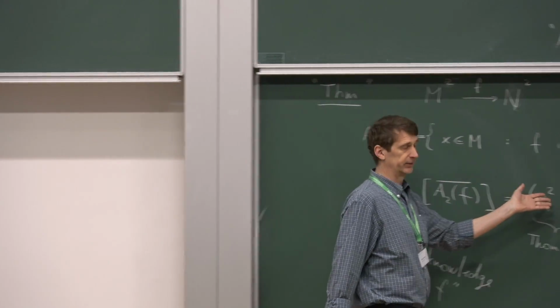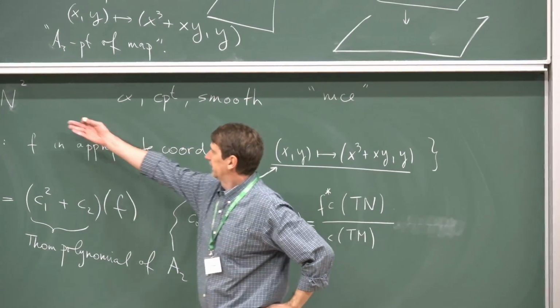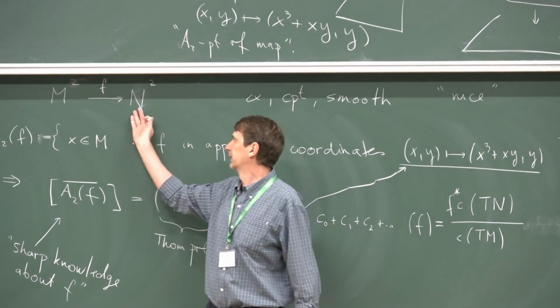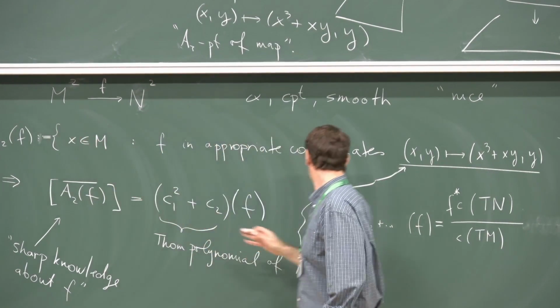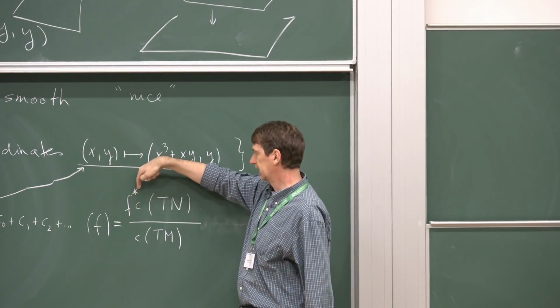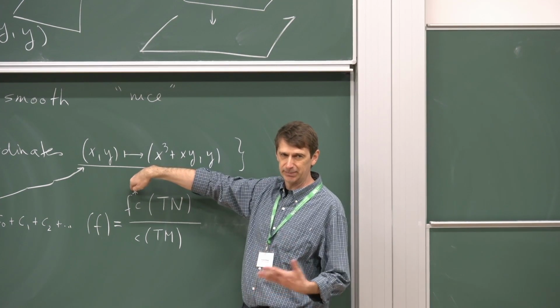But everything on the right-hand side seems to be very soft knowledge. So if somebody gives you manifolds, then we learned in grad school how to calculate their Chern classes. So that part is rather easy. F star, that's a little more complicated, but it's also soft in the sense that it's deformation invariant. So the sharpness is not really there.